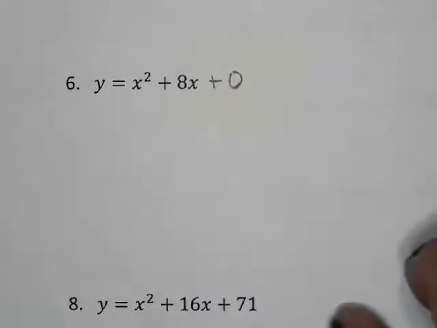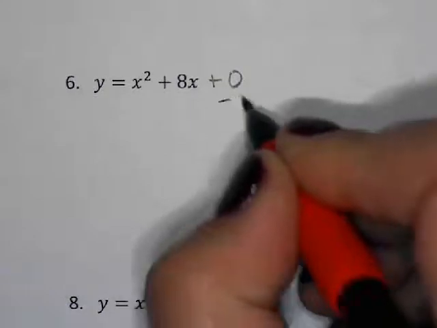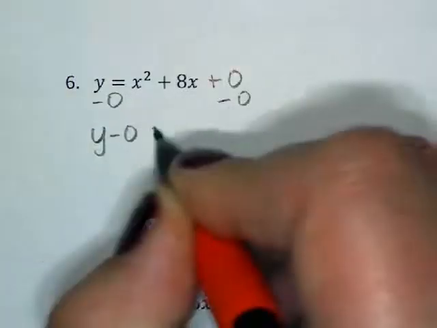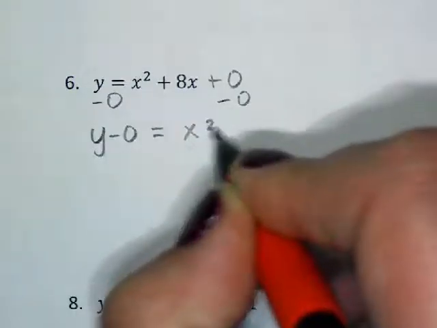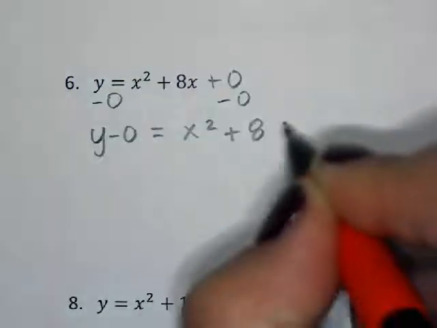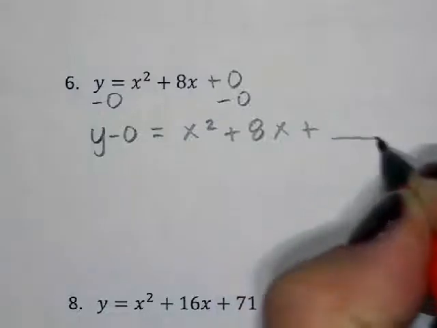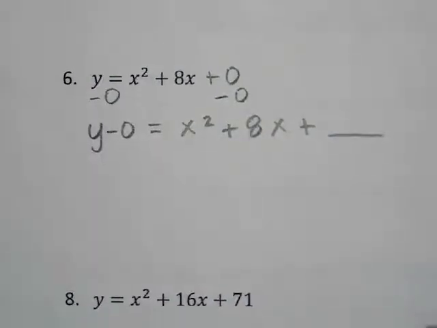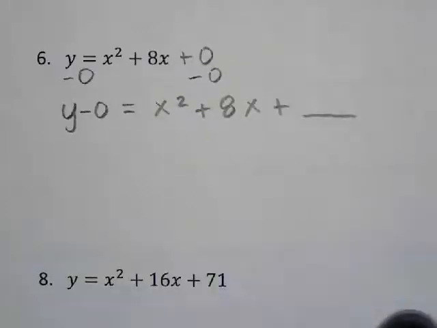What do we normally do? We subtract the end number. I'm going to just subtract 0 so that it feels like the other problems. You don't have to subtract the 0 if you don't want to, but I want it to look the same. Okay, so what do we do next?